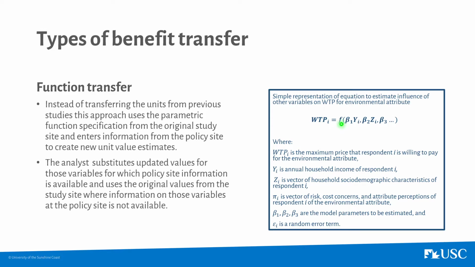So we'll generate this one based on a combination of a bit of updated, superior data that we have from the policy site, the study site we're trying to apply it to, and then we'll use the coefficient estimates and other information from these previous studies where we don't have better data.